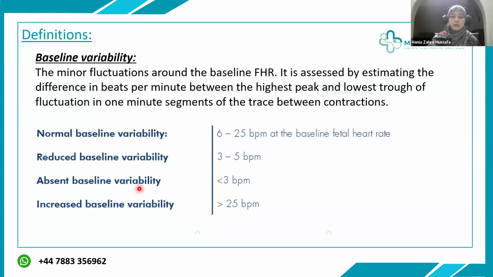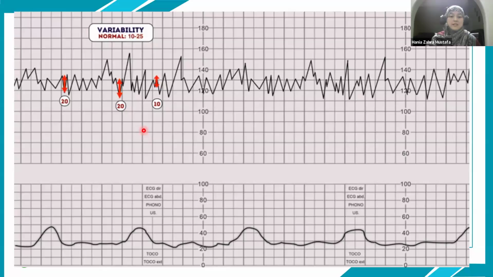Now, after the baseline fetal heart rate, we come to the baseline variability. These are basically the minor fluctuations in the fetal heart rate. For example, let's take this instance. In this particular minute, the fetal heart rate was about 150 beats per minute, and then it fell to about 130 beats per minute.